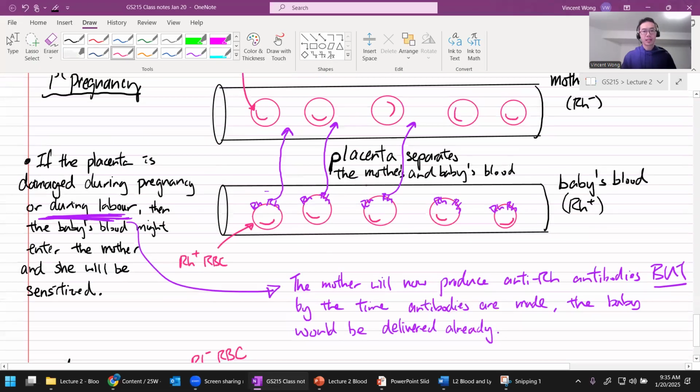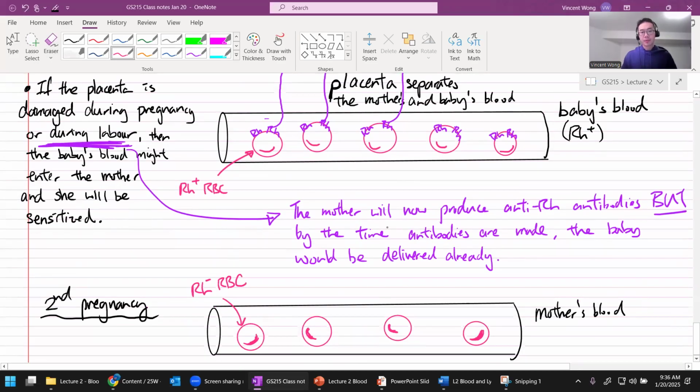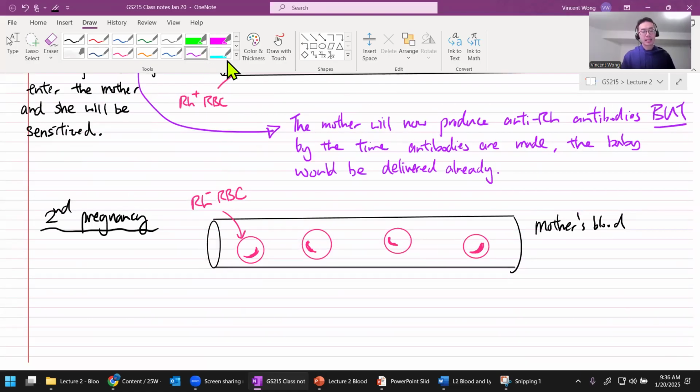Okay, this was the first pregnancy, now second pregnancy. Because she was sensitized in her first pregnancy, the baby's blood got into her system, she will now have anti-Rh antibodies. Okay, so these are anti-Rh antibodies.